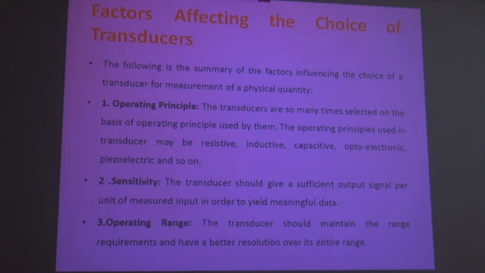There are so many types of transducers, selected on the basis of the operating principle used by them. The transducer may be resistive, inductive, capacitive, optoelectrical, or piezoelectrical. The operating principle depends upon the output which is to be obtained.